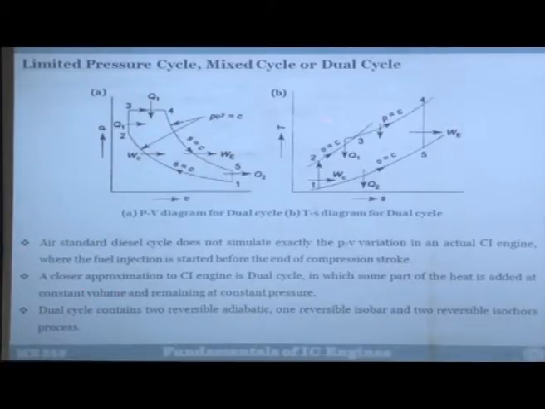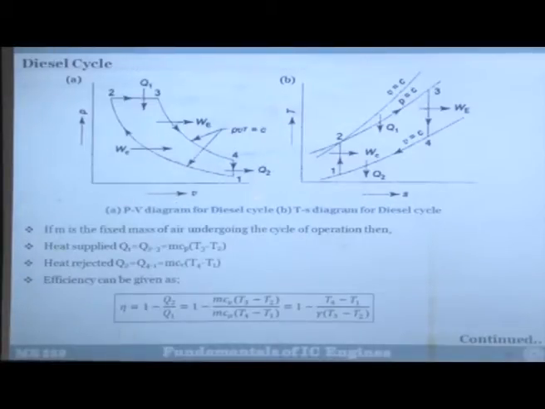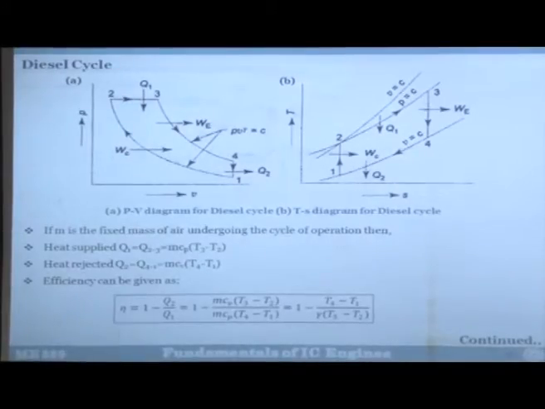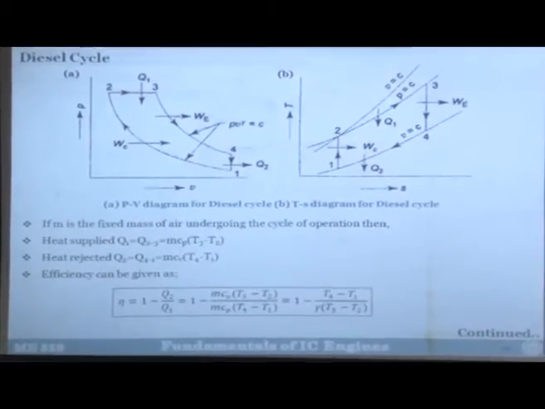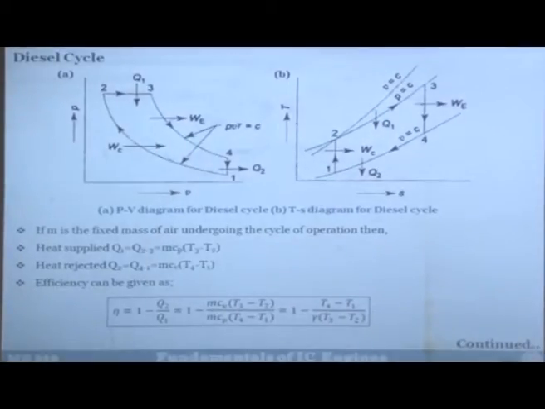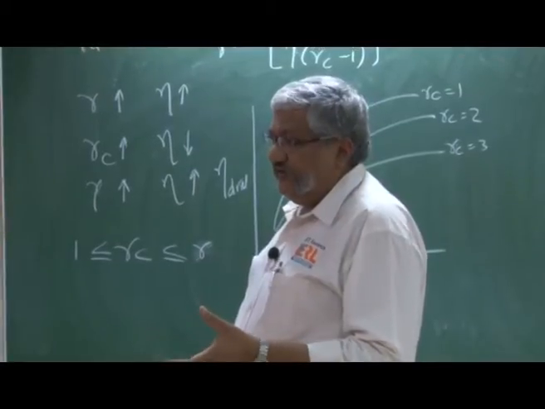So a real diesel engine does not really work on this cycle. In a real diesel engine you are injecting the fuel significantly before the end of the compression stroke, so part of the heat is released at constant volume and part of the heat is released at constant pressure.